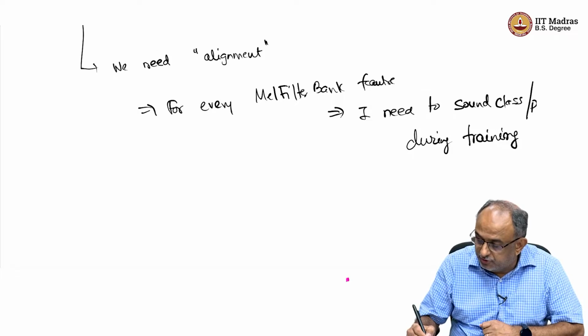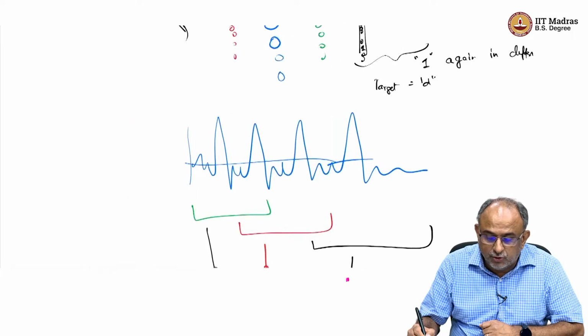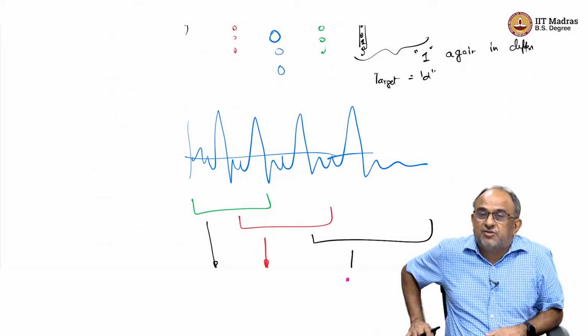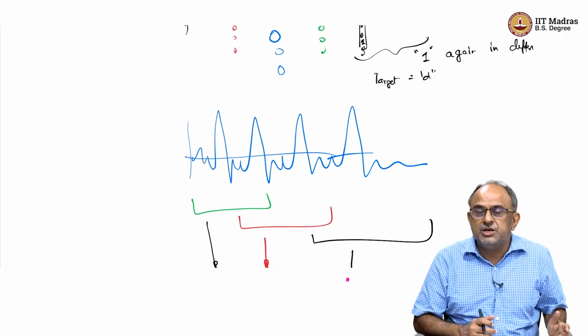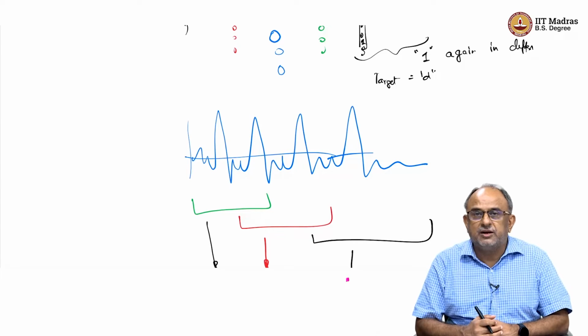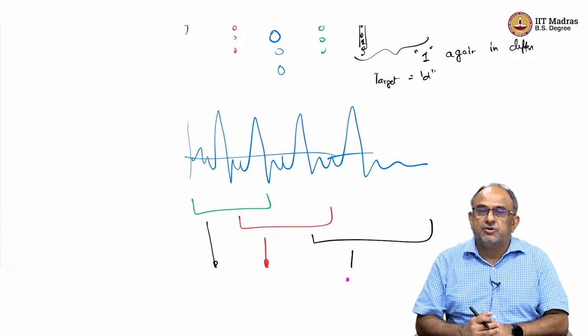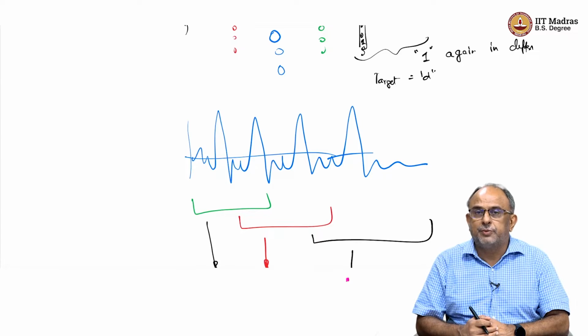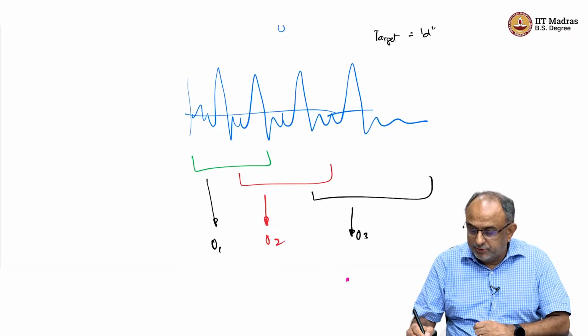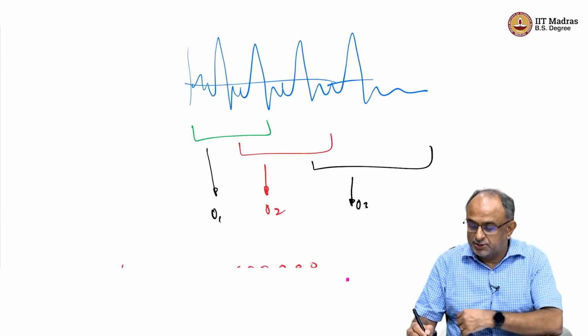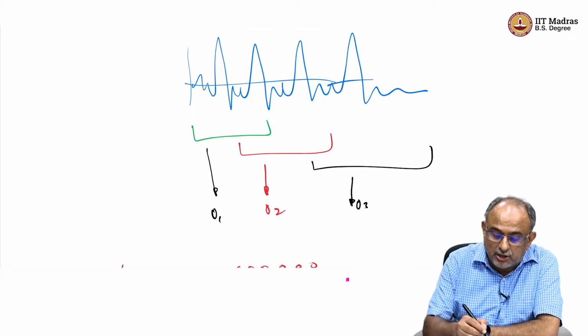The whole idea of training is that we replace the GMM with the deep neural network, and the deep neural network is trained such that it outputs the posterior of a particular phoneme. Let me explain in a little more detail. I am given a waveform.